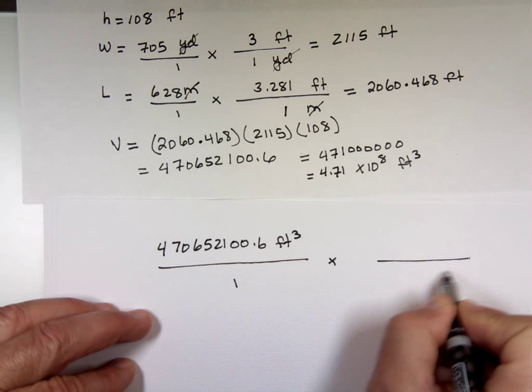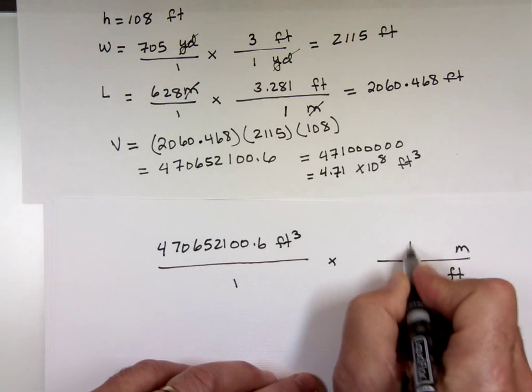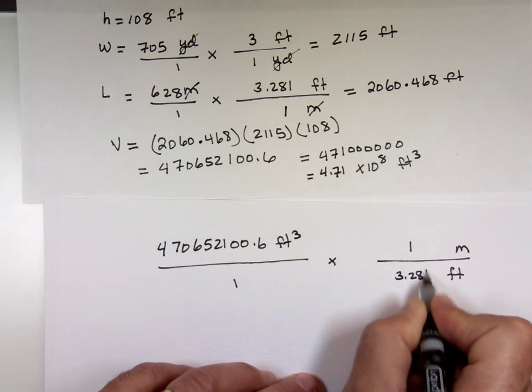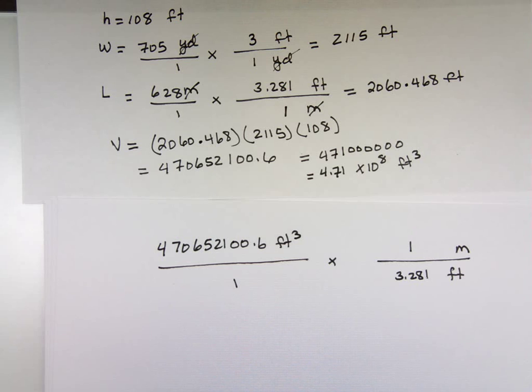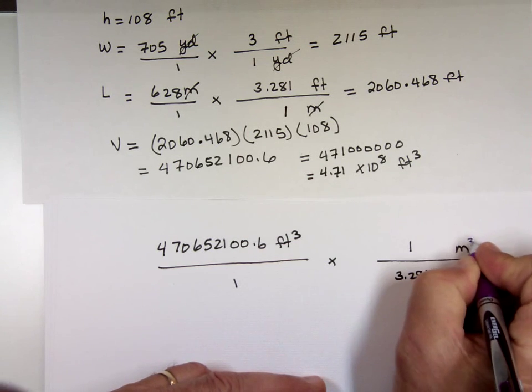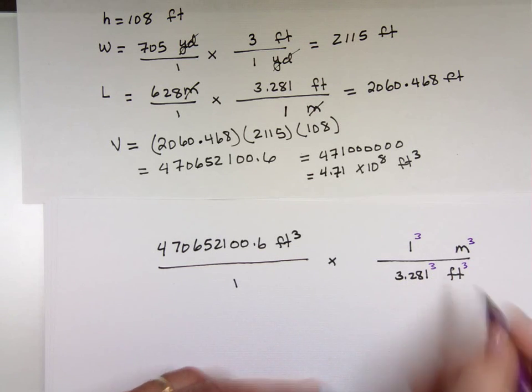I want feet on the bottom, I want meters on the top. We said 1 meter has how many feet in it? 3.281. But this is not meter to feet, this is cubic meters to cubic feet. So you raise this to the power 3, raise this to the power 3, raise this to the power 3.